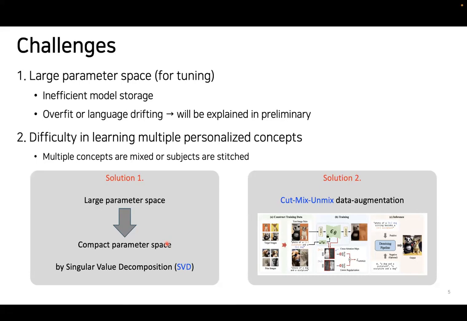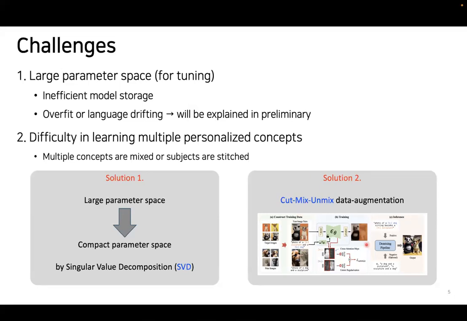Actually, it is a very simple technique, but they said that by doing this, they prevent the multiple personalized concepts from being unintentionally mixed. So separating the concepts is tackled by this augmentation technique.